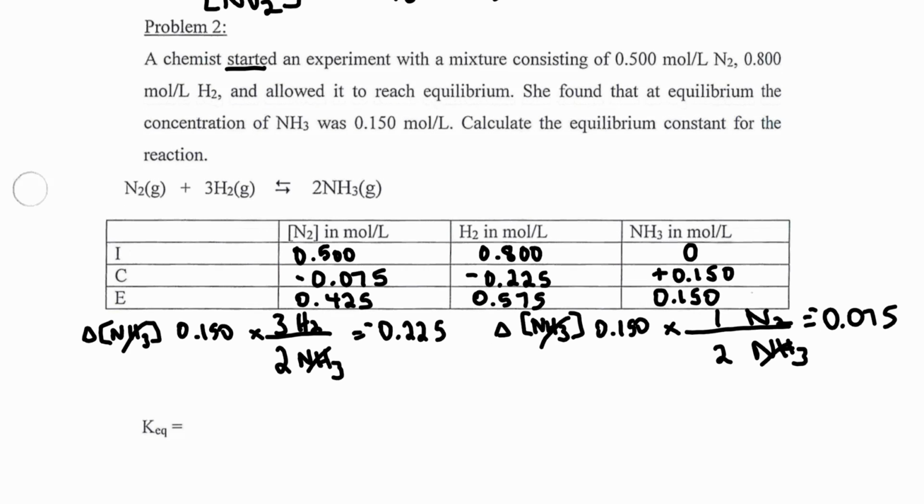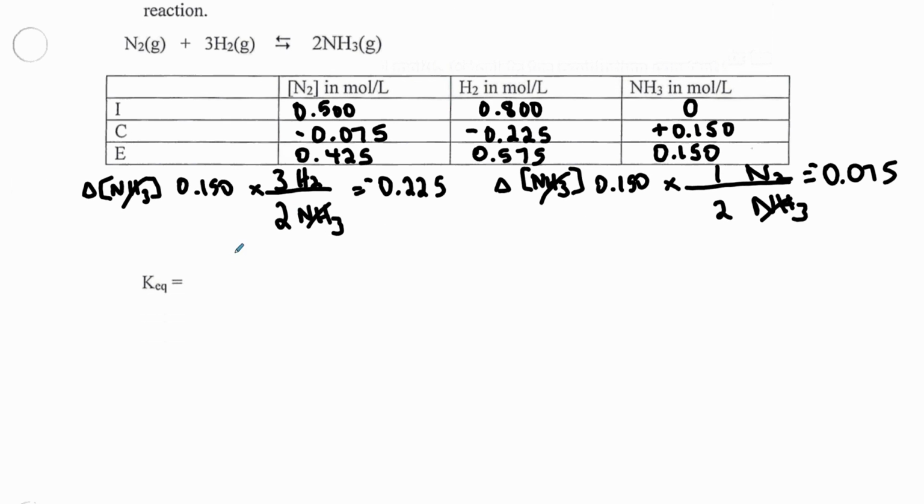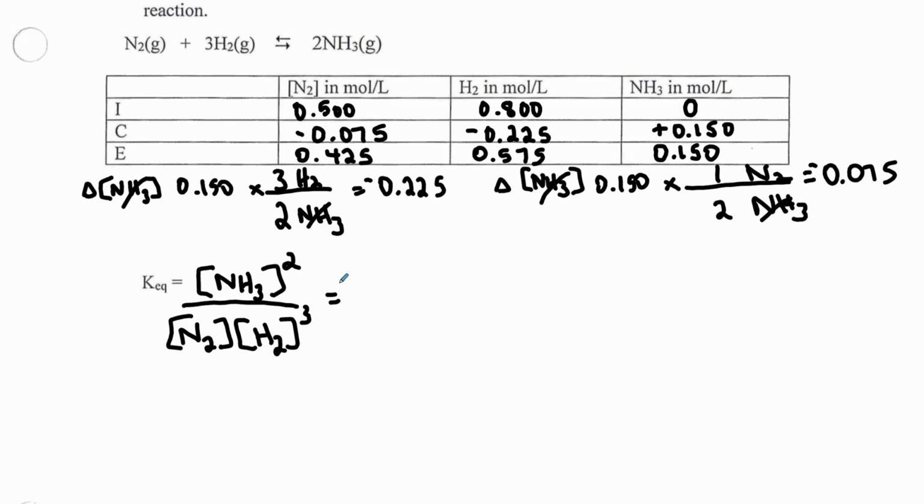Now I can go and solve for KEQ. So I've got my product concentration on the top, NH3 squared, divided by the concentration of N2 multiplied by the concentration of H2 cubed.